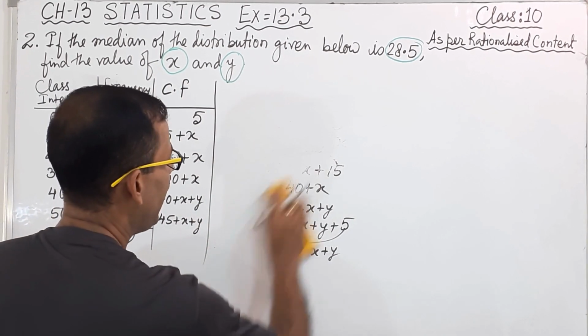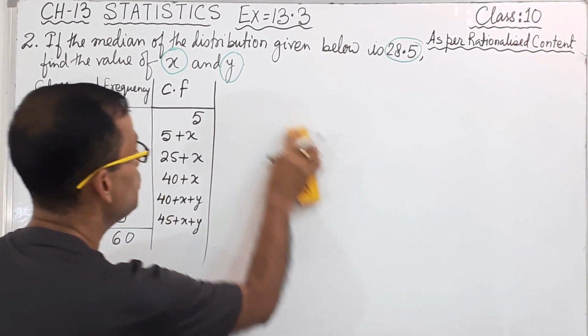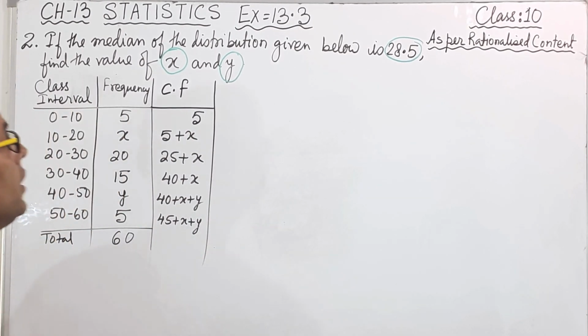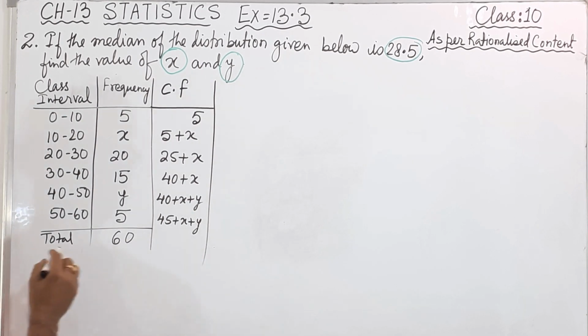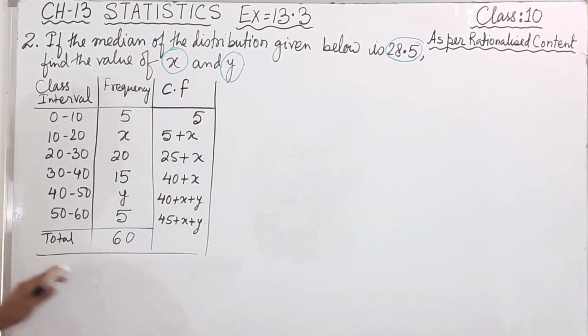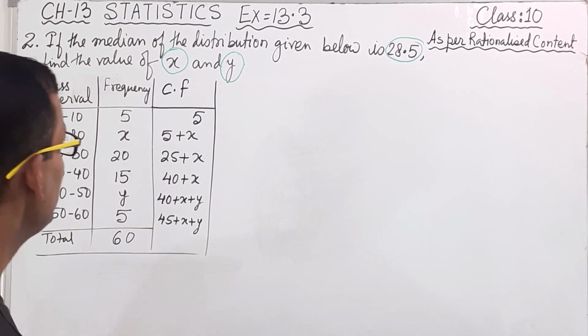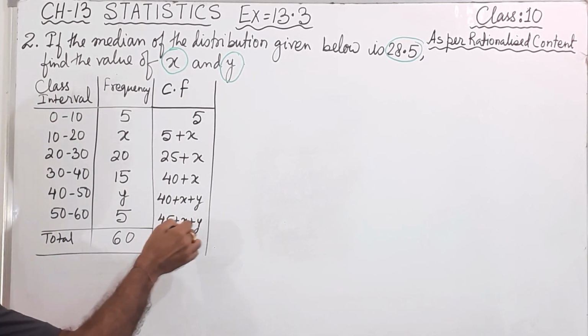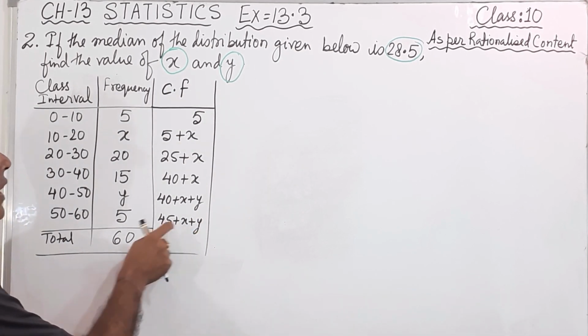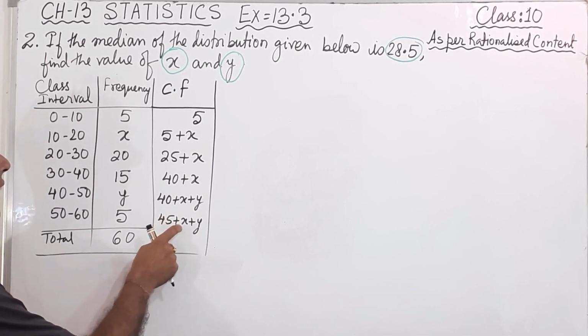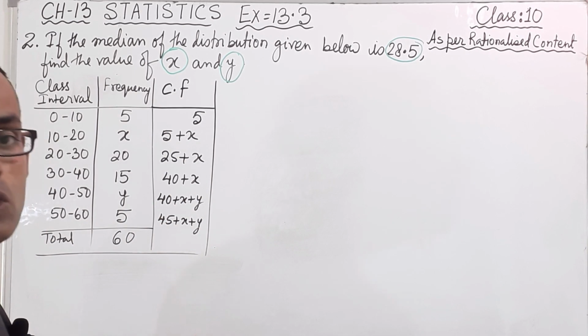Now after finding out the cumulative frequency, you see nicely the median is given. So what can we write? Now this is over. See, the median is given to us as 28.5. Here we used to circle it and write n. But if I write n also, here 45 is a number but x and y are unknown. So I cannot find out the median class this way.